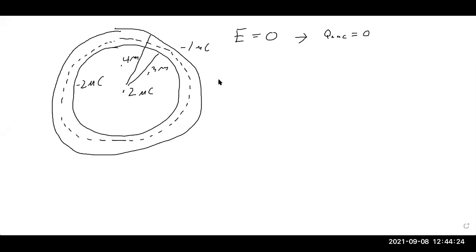So then it just turns into the surface charge density: the charge that's on any given surface divided by 4 pi r squared for the surface area of the sphere. That gets you to the answers for 4.